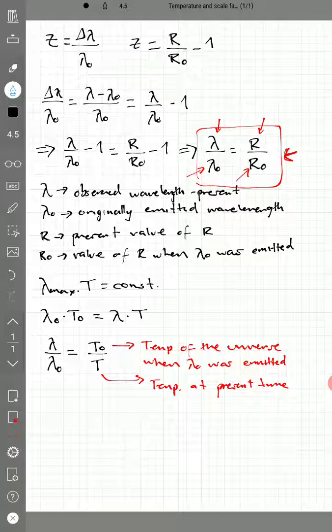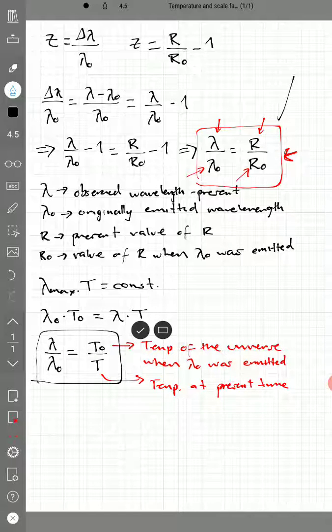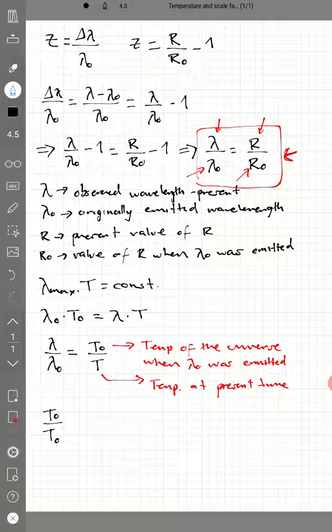So if we take this equation that we just obtained here and we compare it with this one that we had up here, then what we would observe is that T0 over T is equal to R over R0.